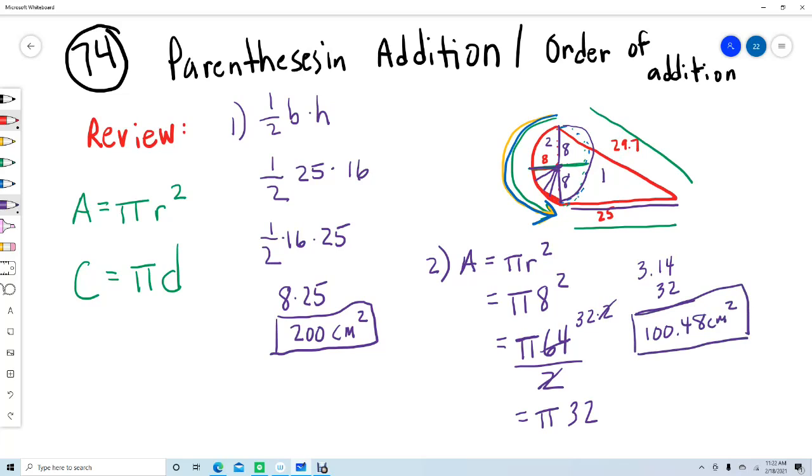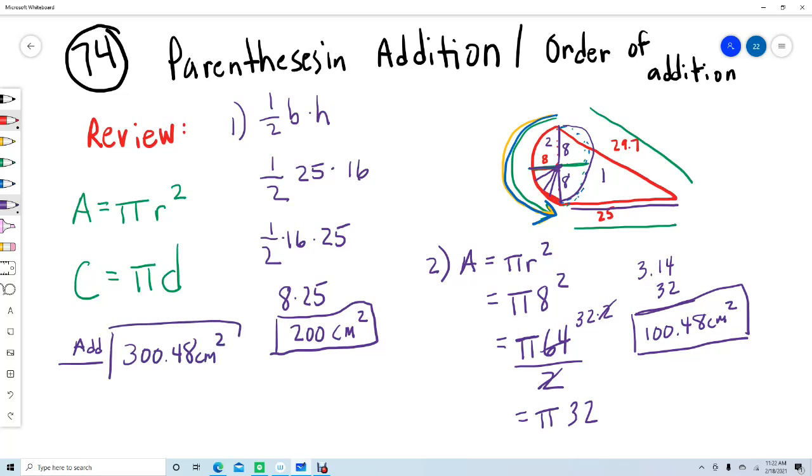Okay, that's area 2. Last step, add up area 1 and 2. 200 plus 100.48, that's 300.48 centimeters squared.